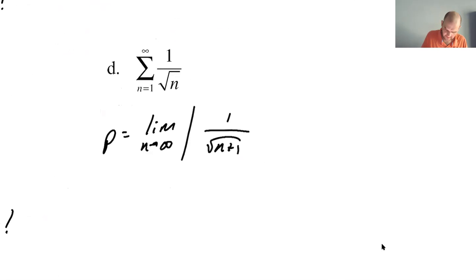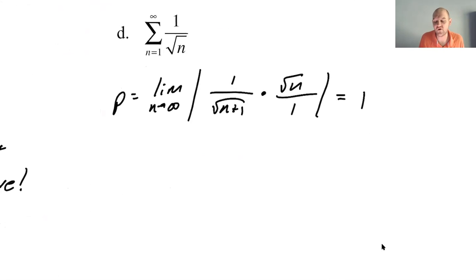If I try to use the ratio test on a P series, which is the wrong test, you shouldn't be using a ratio test on a P series. Just think about what's going to happen. You always end up with the same degree power function over the same degree power function. You always get 1, always.